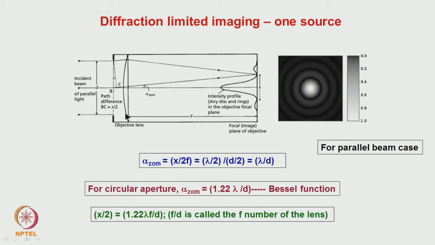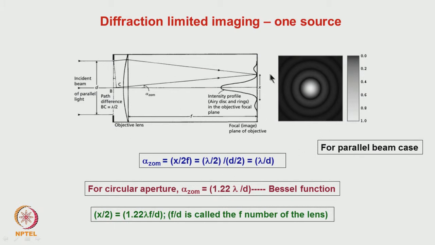This is a lens, in front of it, at the center the maximum intensity, and the first minimum intensity occurs at a particular point. The separation x is what essentially turns out to be this angle alpha which it subtends, and this turns out to be equal to lambda by d. These derivations one can work out from the geometry.